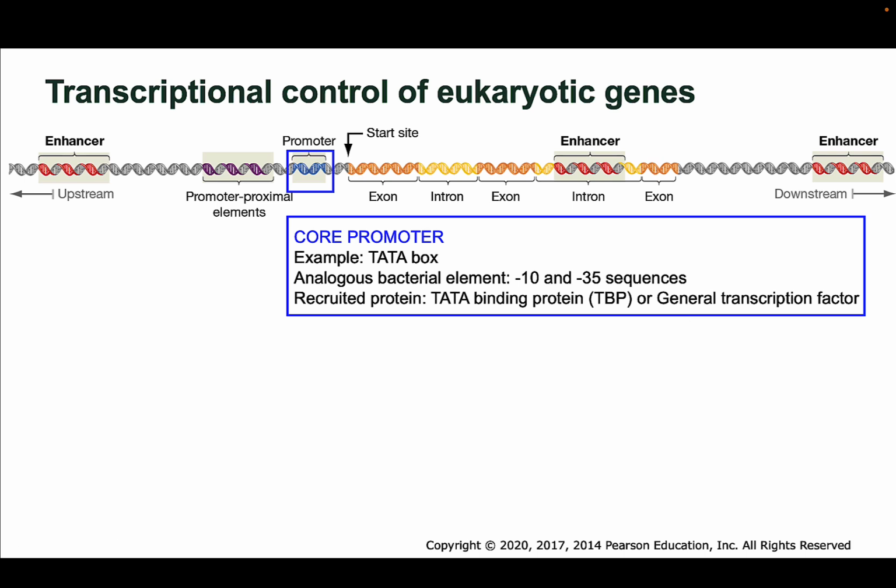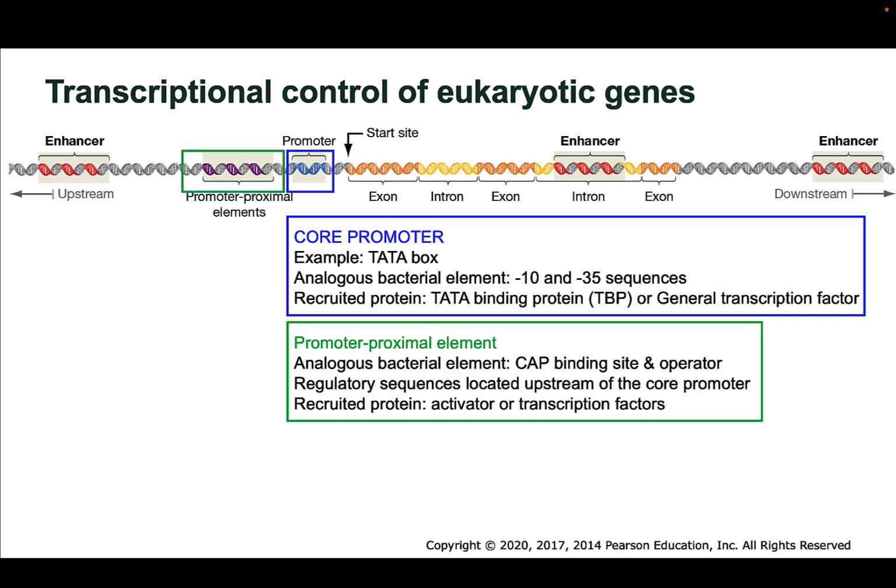And this is going to enhance the transcription of the eukaryotic genes. Okay, but this is not sufficient to trigger transcription. There's also a promoter proximal element. So this is directly upstream of the promoter. Okay, and so an analogous bacterial element for a promoter proximal element is the cap binding site, that's a positive regulator, or the operator that bound the repressor.